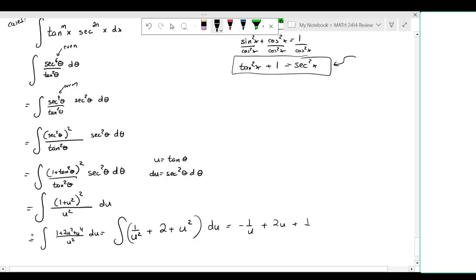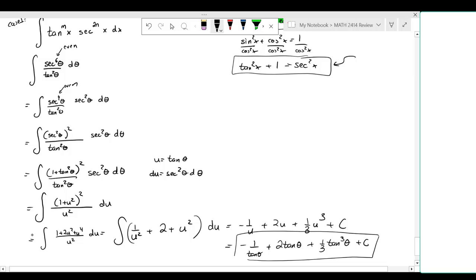Simple enough. U is really tangent. Right, so that's when the power for secant is even, when you have secant and tangent in the integral.